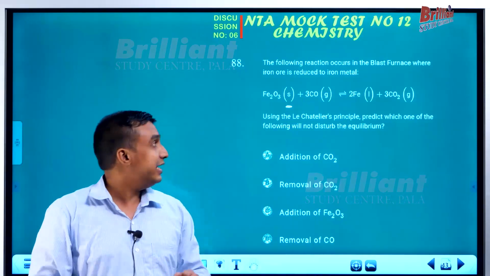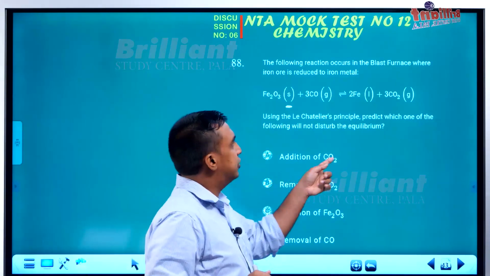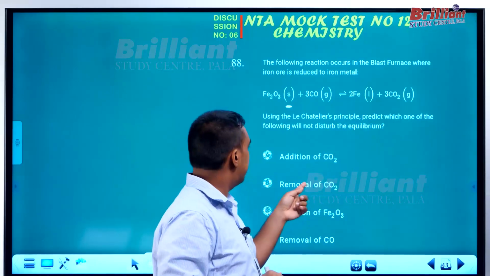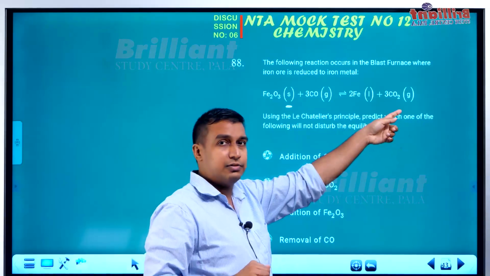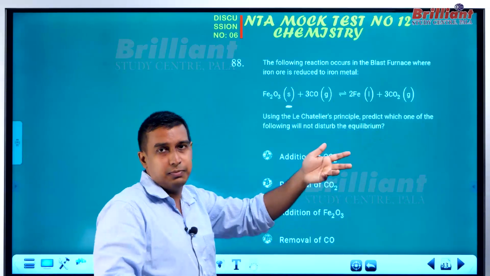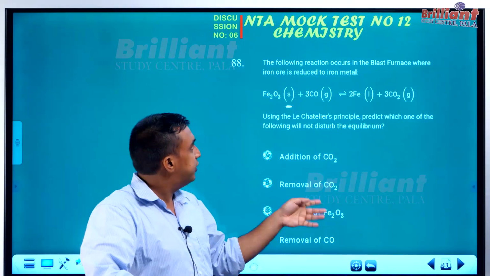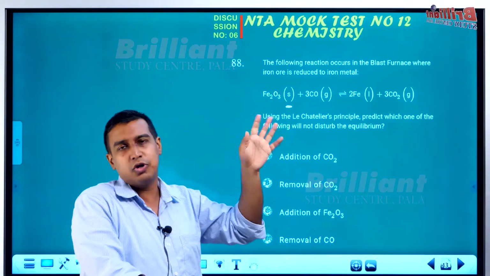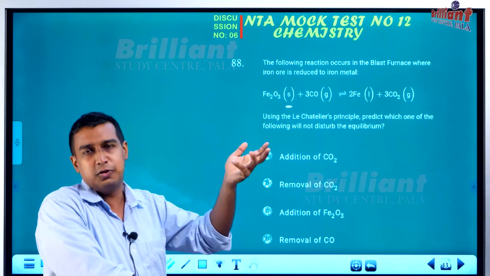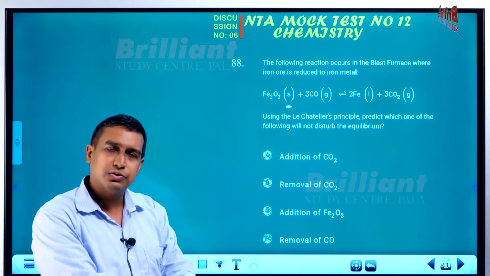When you are adding CO2, of course it will affect. When you are removing CO2, again it will affect, because the system will try to reverse the change. The number of moles of gases will change. Addition of Fe2O3. Fe2O3 is solid. You add more, not much change will come, because it does not exert pressure and does not occupy much volume also.